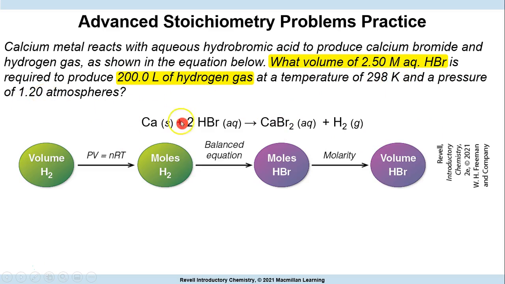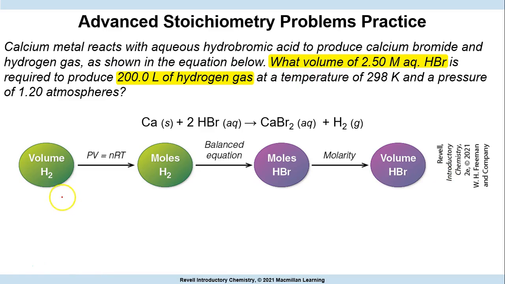So what do we need to do? We are going to calculate the number of moles of hydrogen. So if we know the number of moles of hydrogen here, we are going to calculate the mole ratio, and then we know the number of moles of hydrobromic acid, and we will be able to convert from the number of moles and the molarity to the volume. So let's see how we are going to solve that problem.